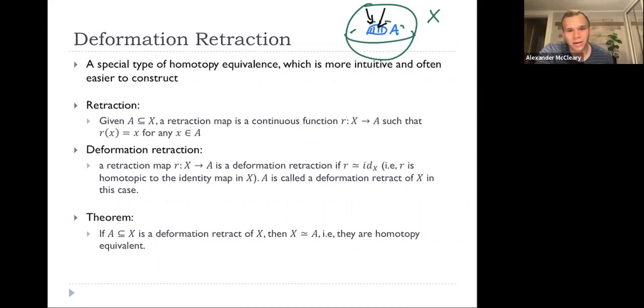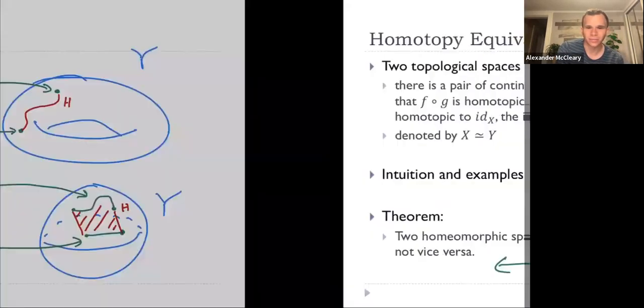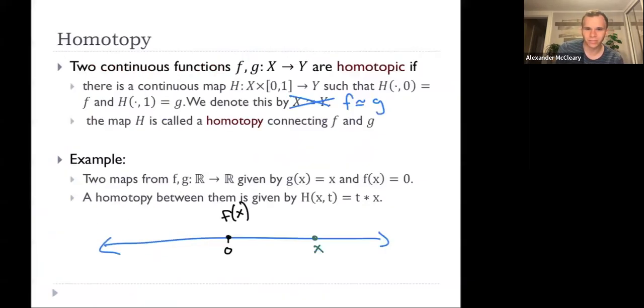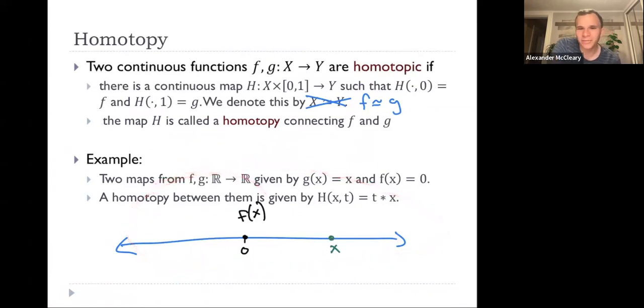Now, a deformation retraction is a retraction map that is homotopy equivalent to the identity. So for example, this is an example of a retraction map, where our set A would be just the single point here, 0.